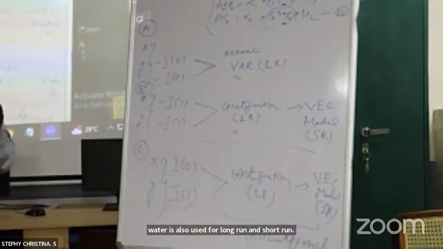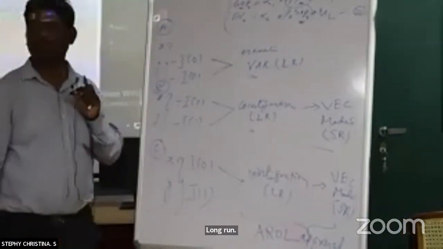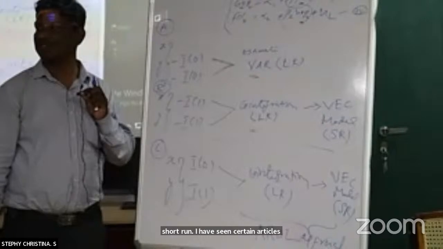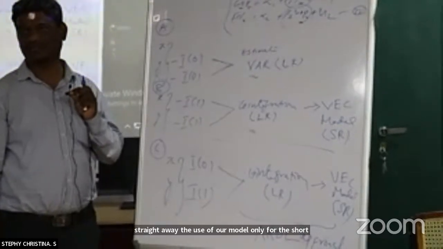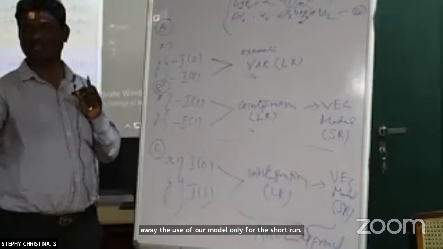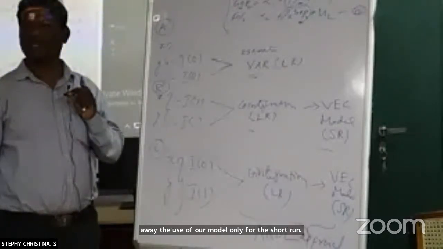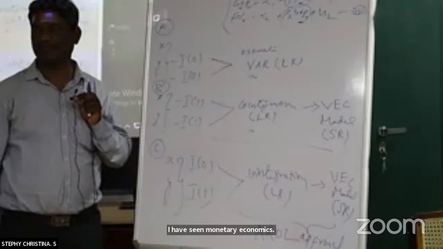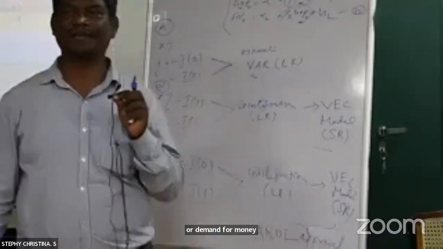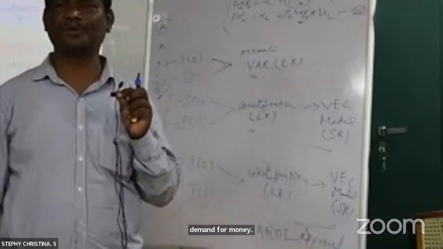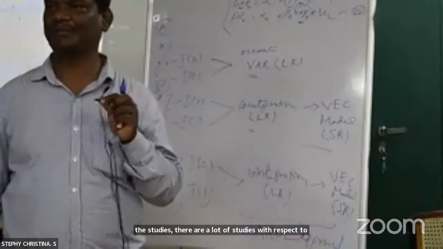I have seen some articles where, without co-integration, they straight away use a VAR model only for the short run. I have seen this in monetary economics, especially the demand for money. There are a lot of studies on demand for money.